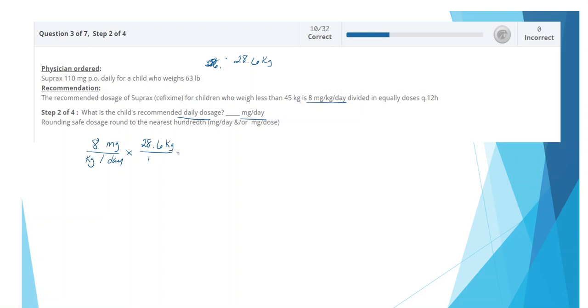So 8 times 28.6 gives me 228.8 milligrams per day. Okay, so the 228.8 milligrams per day is my recommended dose. Okay, so we want to remember that.